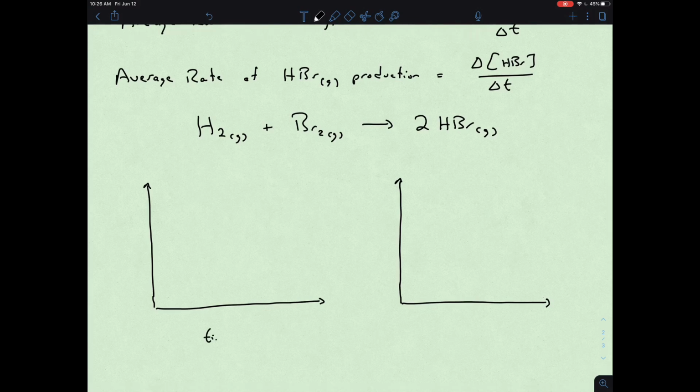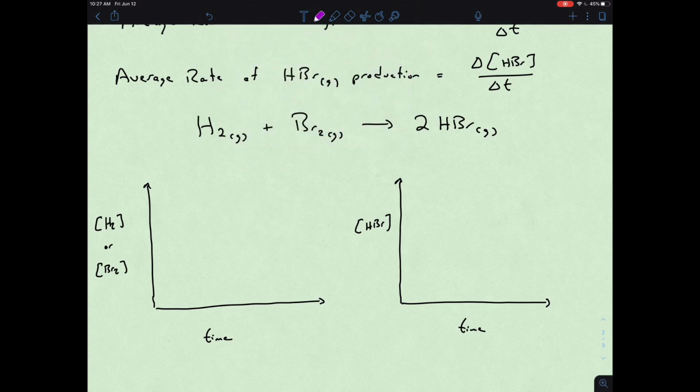We could have time on the x-axis, and then our concentration or pressure on the y-axis. I have this broken down here into starting materials on the left and products on the right.